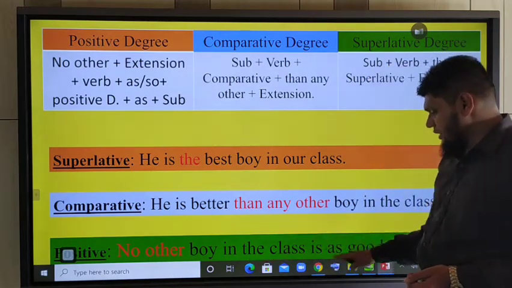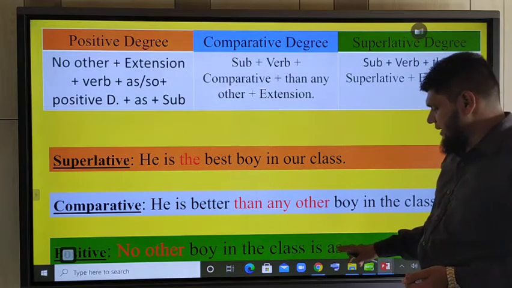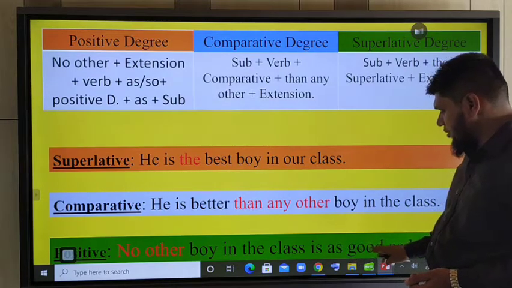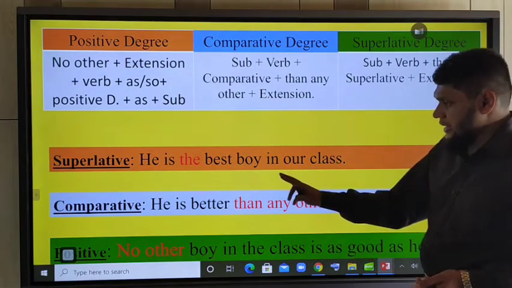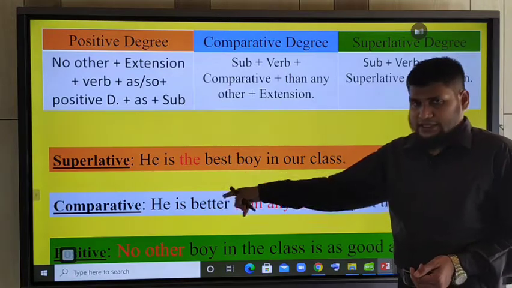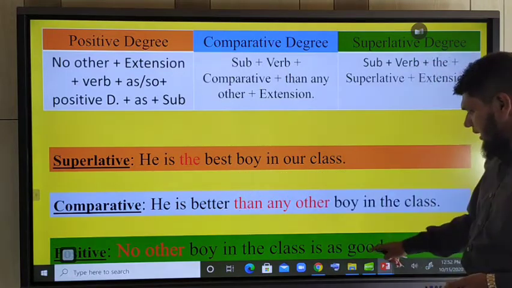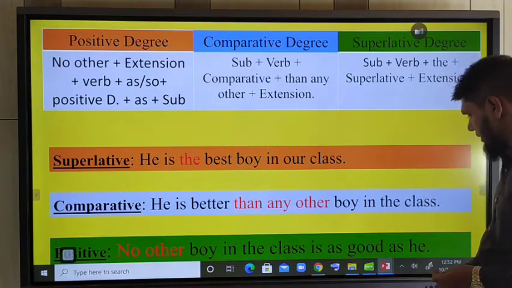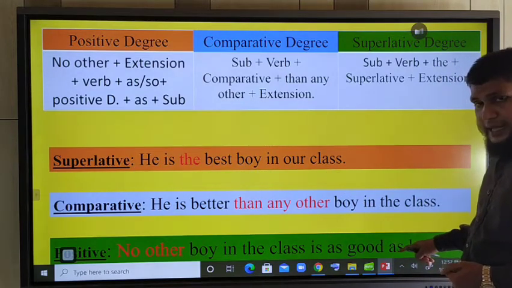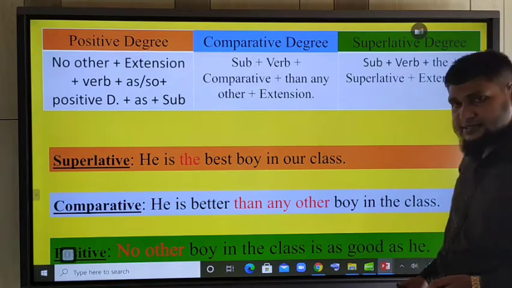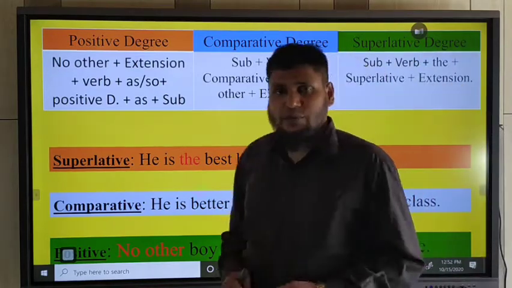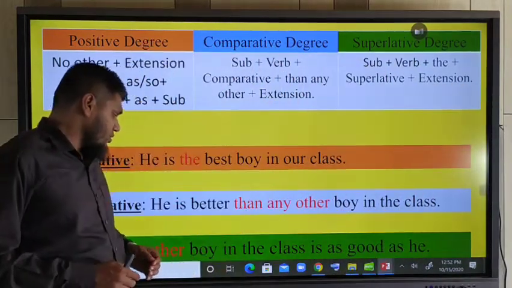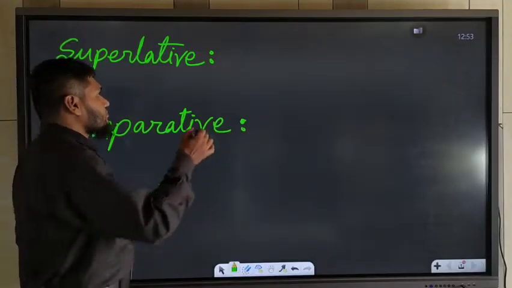It should be singular, and then you should use as or so, and then the positive form of the adjective. Good is the positive form of the adjective best and better. Okay, then you should use as, and you should use the subject. Okay. It would be very easy to you. So let's practice.